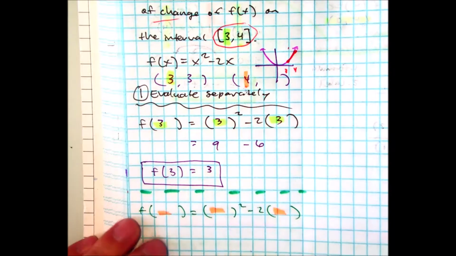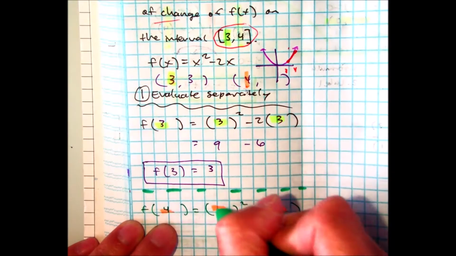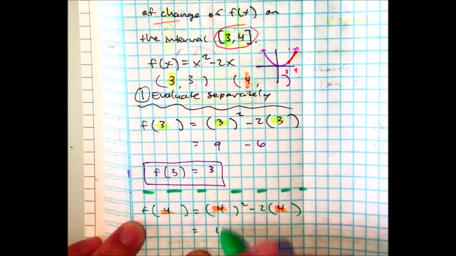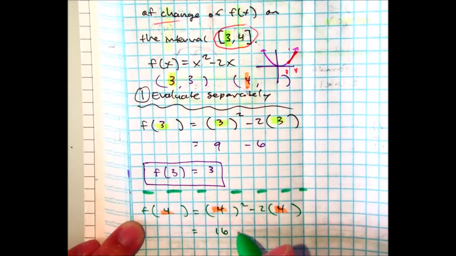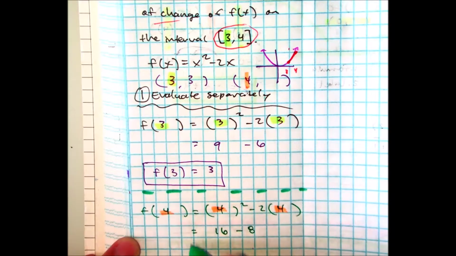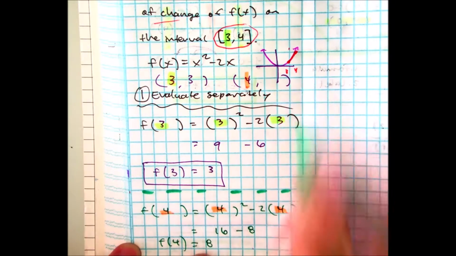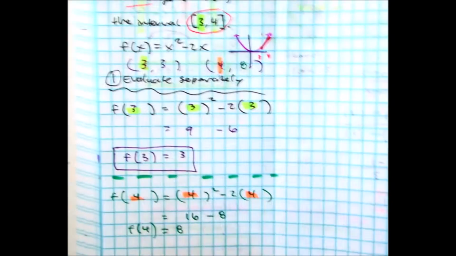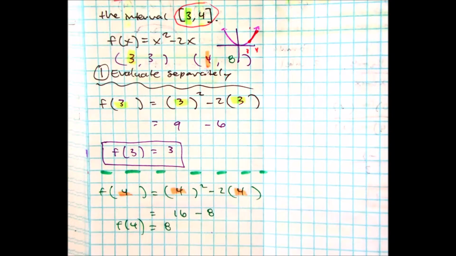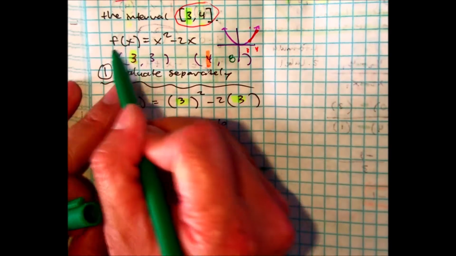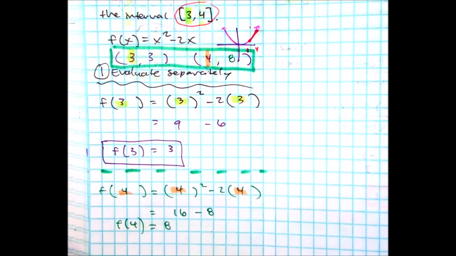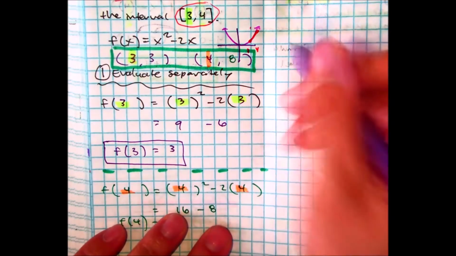You can always use your calculator to verify. 4 squared is 16, negative 2 times 4 is negative 8, 16 minus 8 is 8, so f of 4 equals 8. So I did all of that work so I can get these ordered pairs. Now I can find the average rate of change.